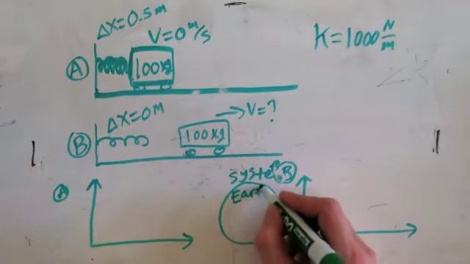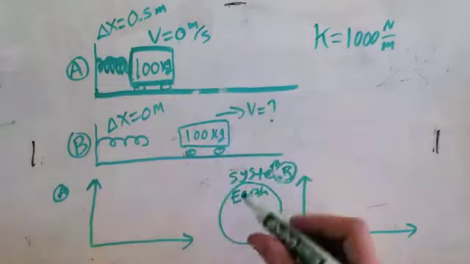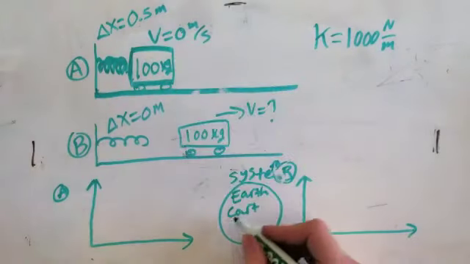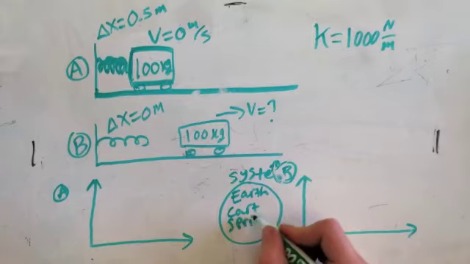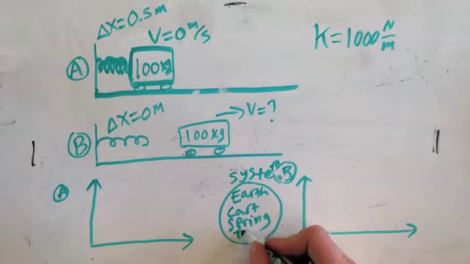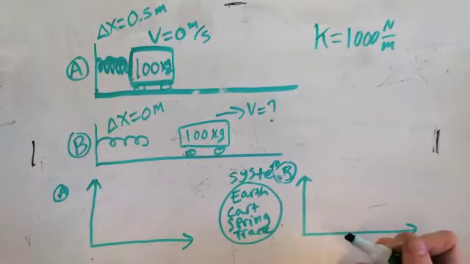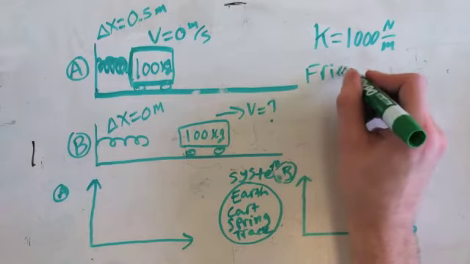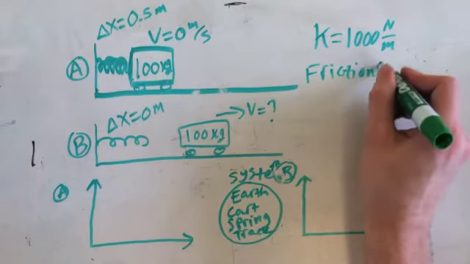Earth should always be in our system. I'm going to pick the cart. I'm going to pick the spring. And I'm going to pick the track too, or ground sometimes. And by the way, this is going to be frictionless, just to save ourselves some headache.